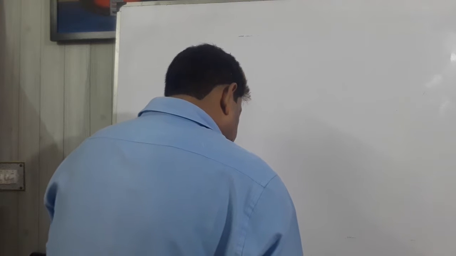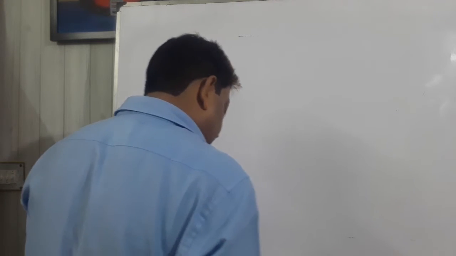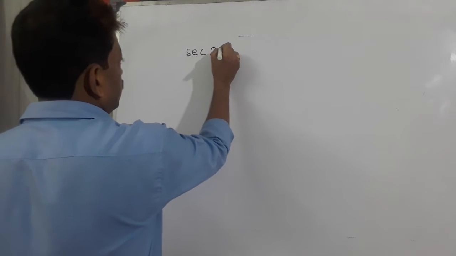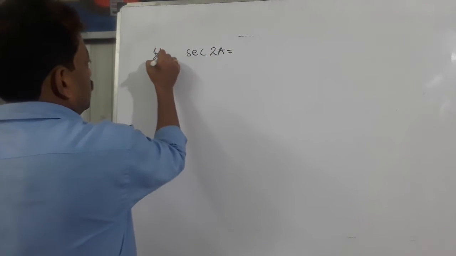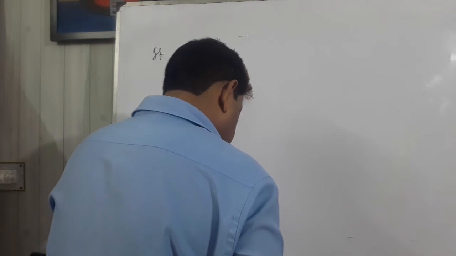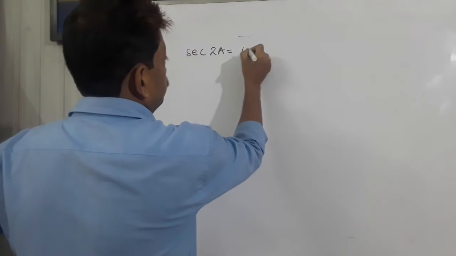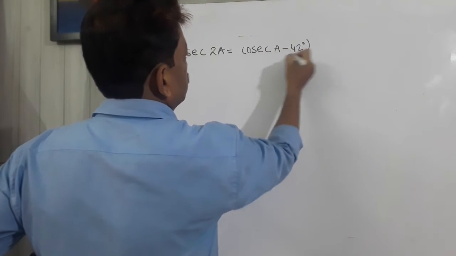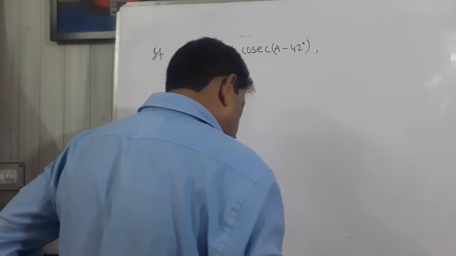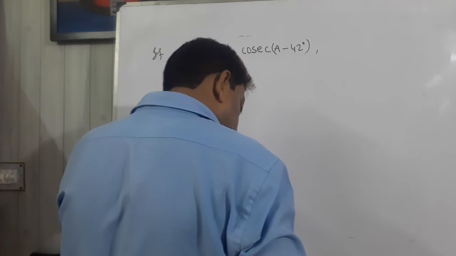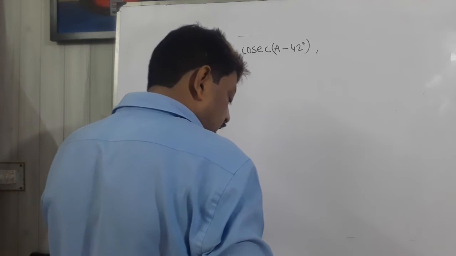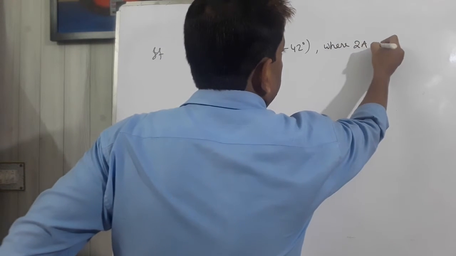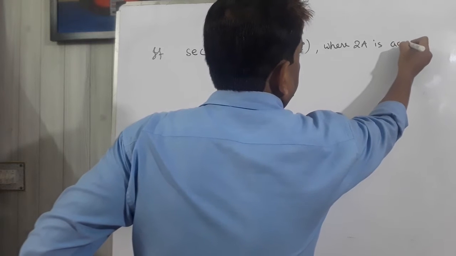Next question: if sec 2a equals cosec a minus 42 degrees, then we have to find the value of a, where 2a is an acute angle.